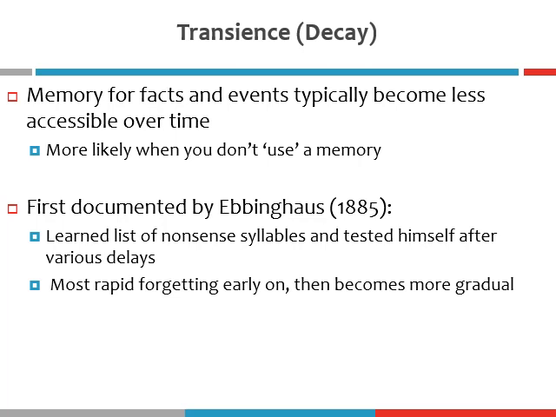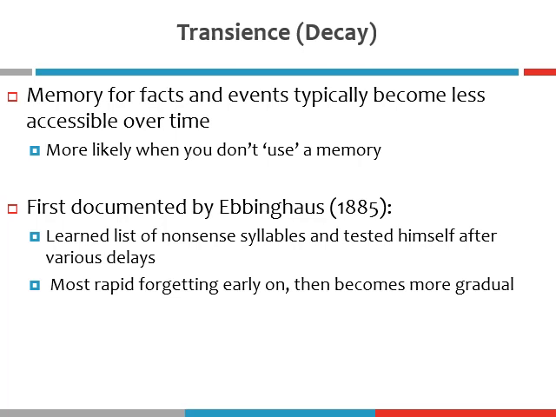And he looked at how long it would take him to relearn the list at various delays. And then he would subtract the time that it first took him to learn the list. Okay, so he would take the time that it first took him to learn the list and subtract however long it took him to relearn it, right?